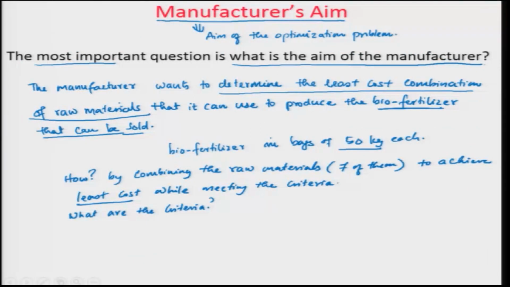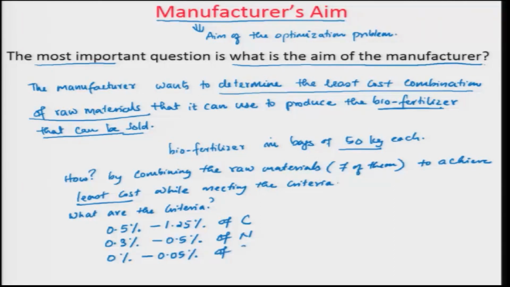So the criteria are 0.5% to 1.25% of carbon, then 0.3% to 0.5% of nitrogen, then no more than 0.05% sulfur, which means 0% to 0.05% of sulfur, and no more than 0.04% of phosphorus. So 0% to 0.04% of phosphorus.